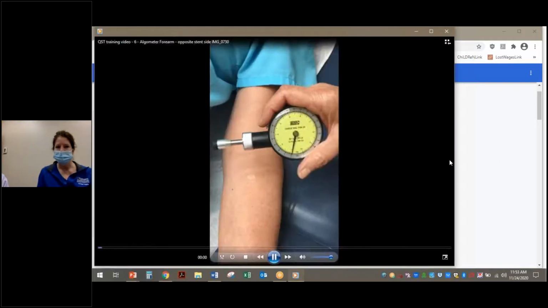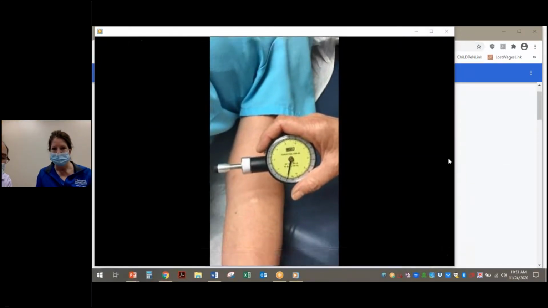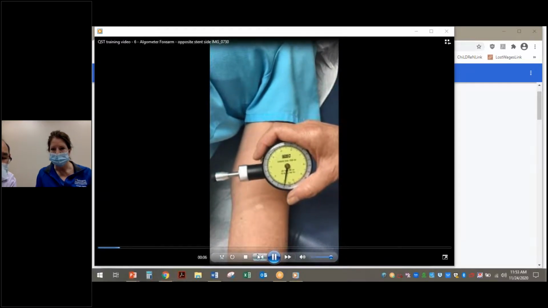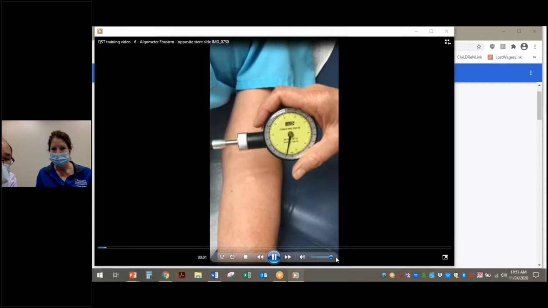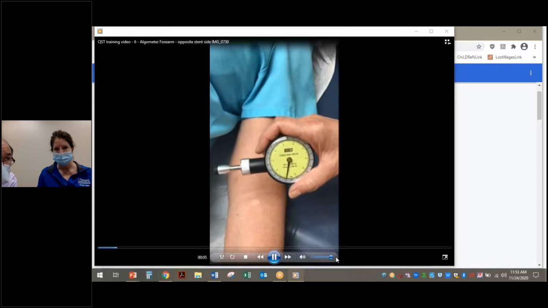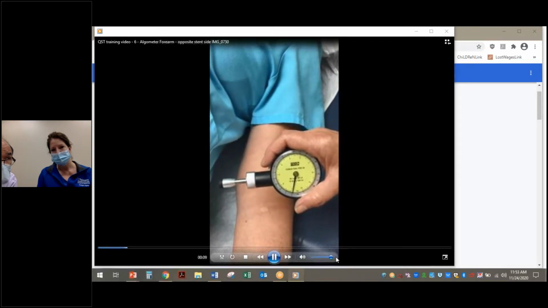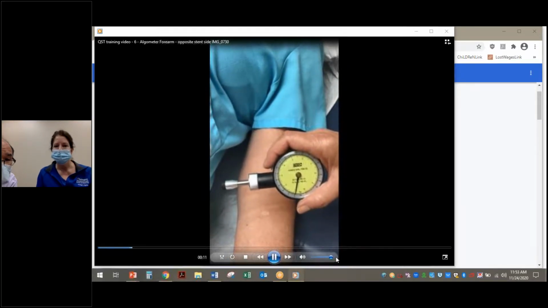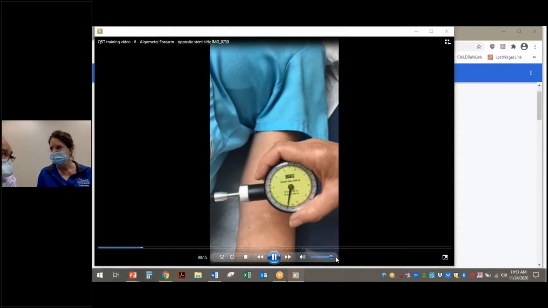Okay. Got the speaker on. I guess we still can hear.